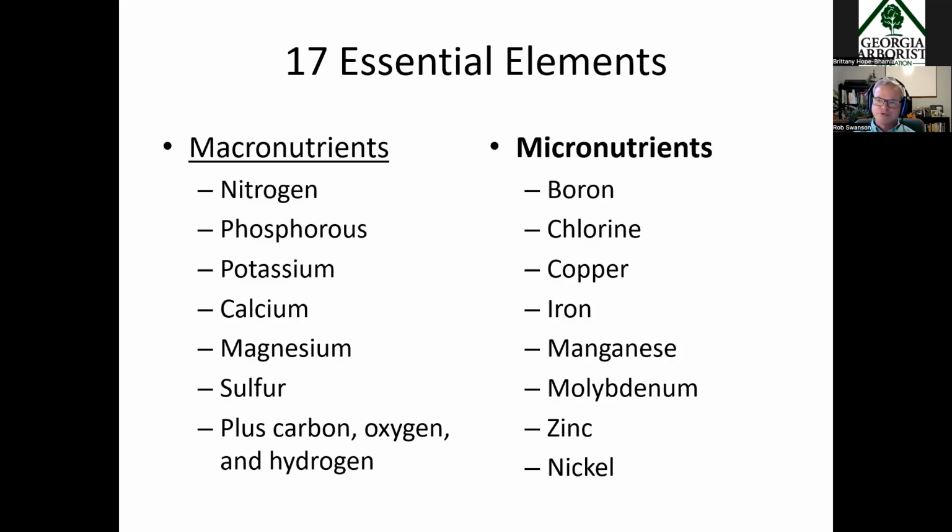The micronutrients out there are ones that are really only needed in very small amounts. The tree needs them for very specific chemical compounds. But without them, the trees would be sick or chlorotic or not be able to defend themselves. These are boron, chlorine, copper, iron, manganese, molybdenum, zinc, and nickel.